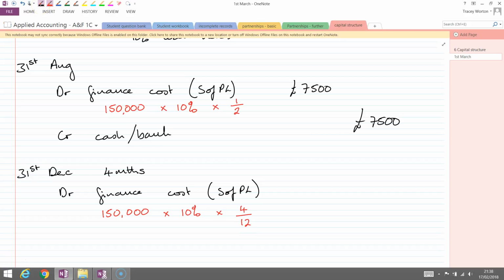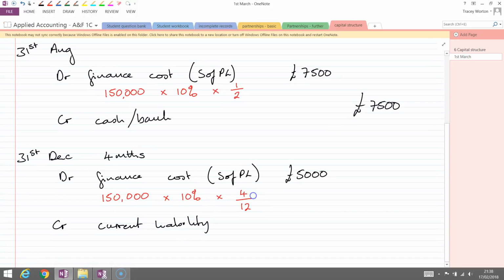So this will result in a charge of an additional £5,000 up to the year end, and we're going to credit a current liability for interest payable of £5,000.